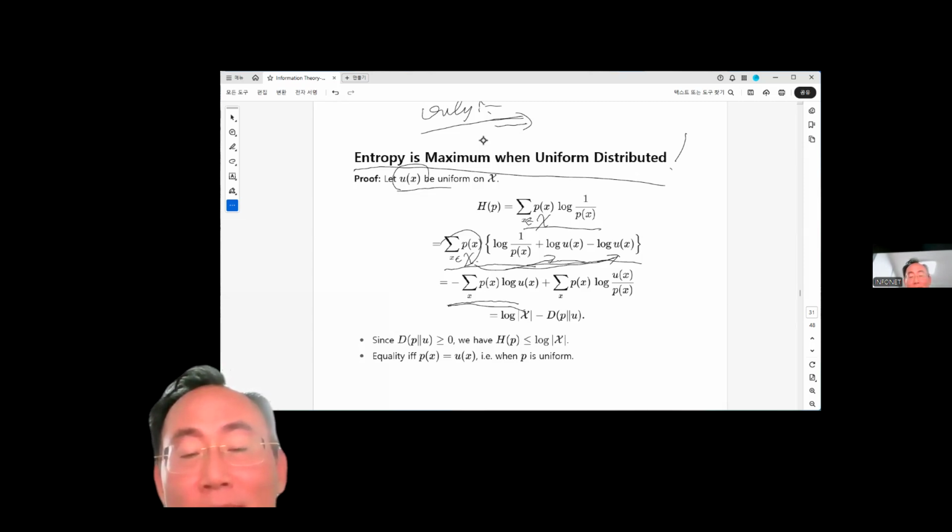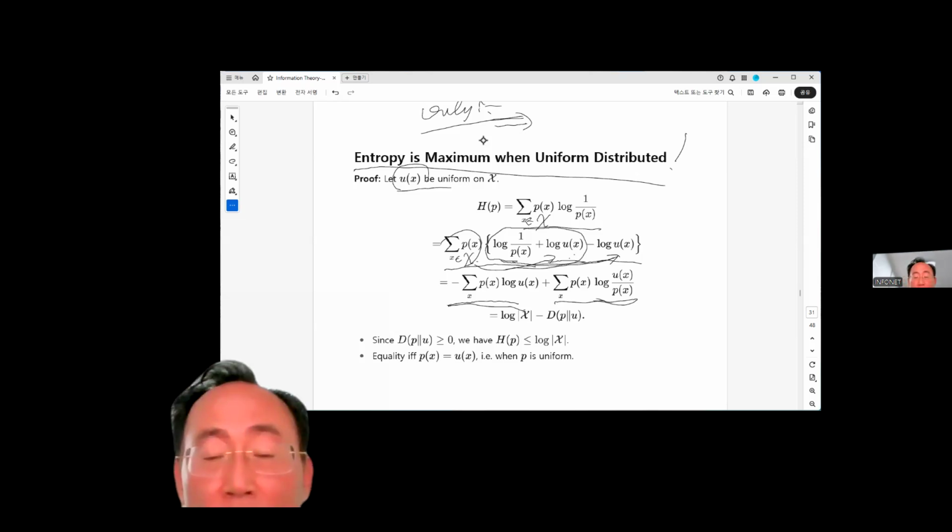And the plus: now these two terms, if I combine them, a sum of logs is the log of a product, so u_x over p_x.